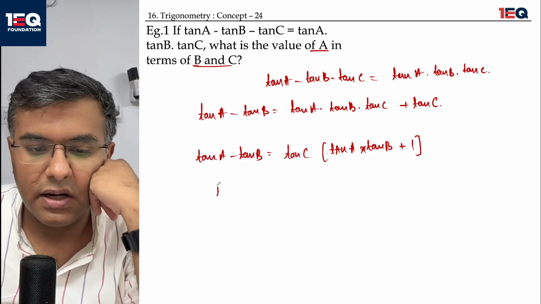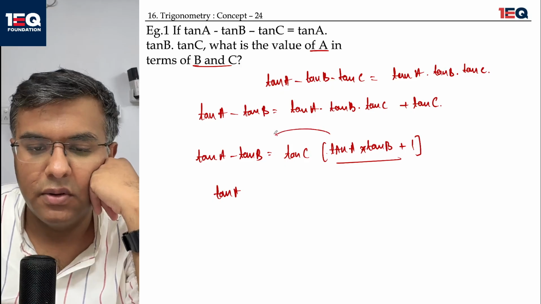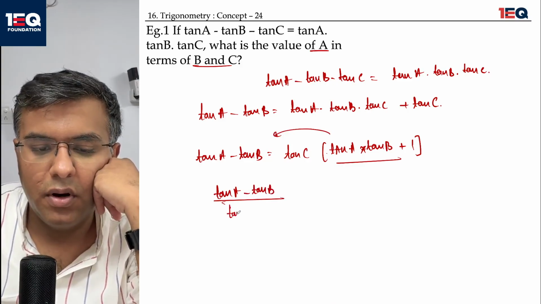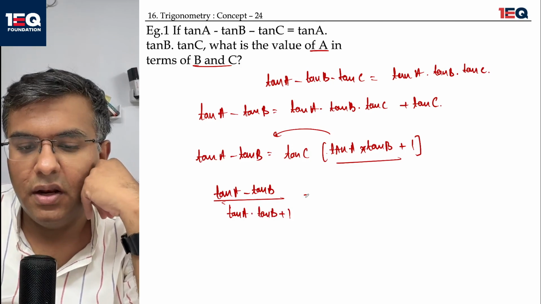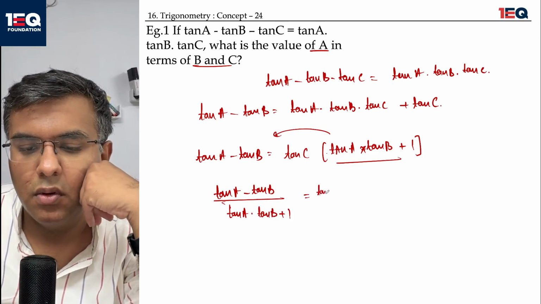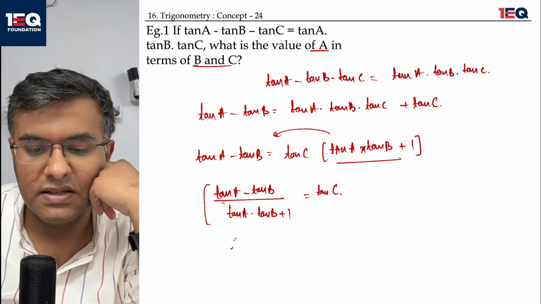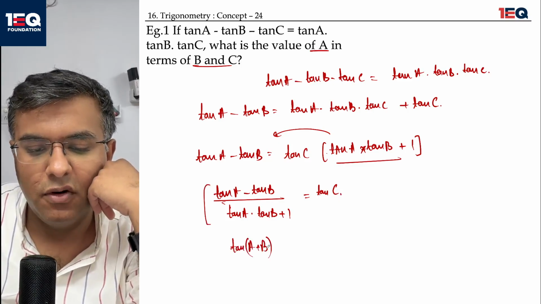If I take this entire term and take it to the other side, I would be left with (tan A minus tan B) whole upon (tan A into tan B plus 1), and this would be equal to tan C. From here, I can see that this is nothing but tan (A minus B)'s full form.